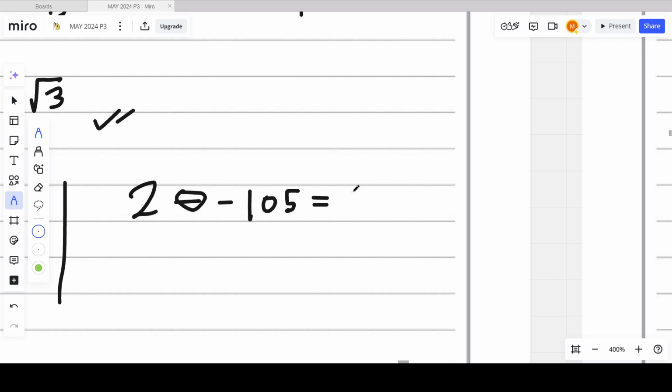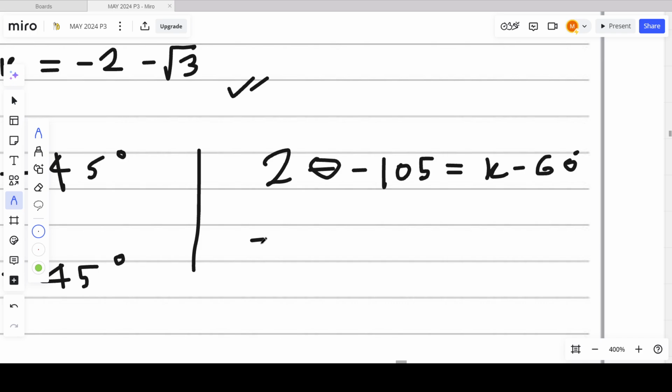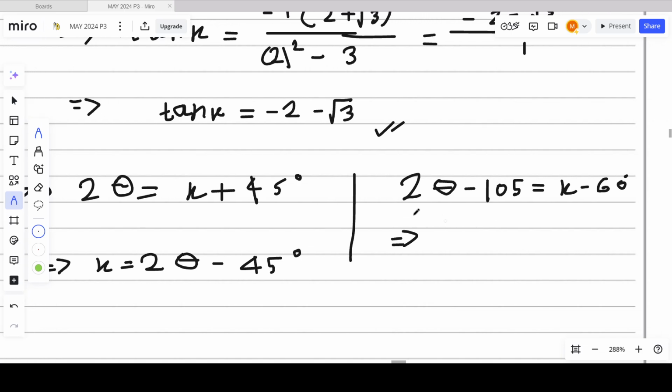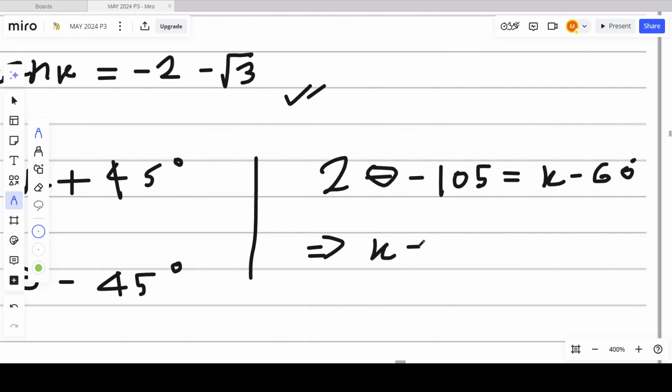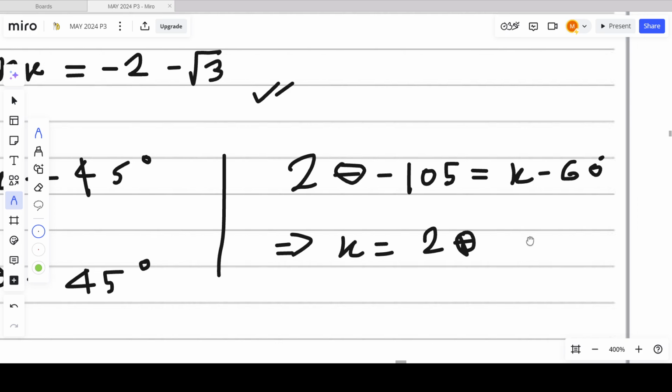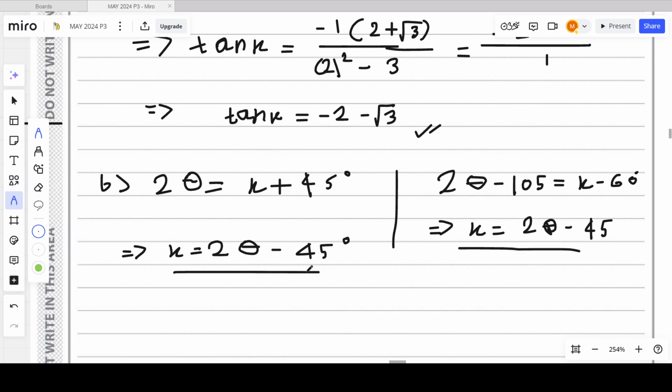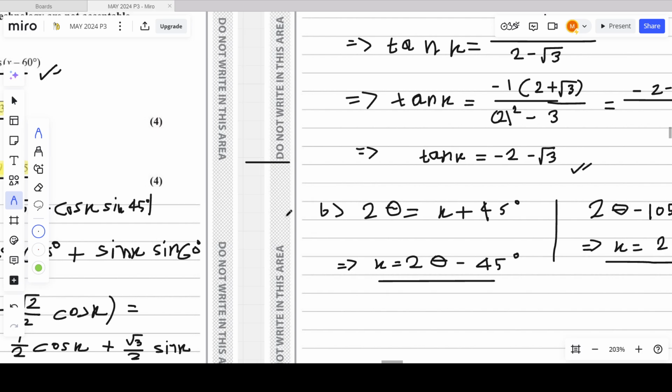We need a substitution for x, so if you make x the subject, you get 2 theta minus 105 plus 60, which is negative 45. So 2 theta minus 45. Same thing. So we got the substitution for x.